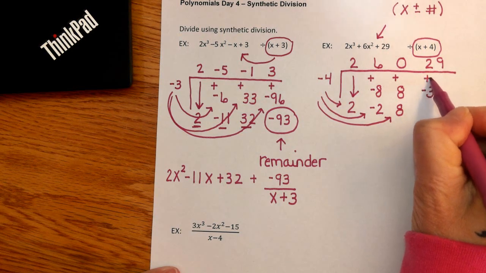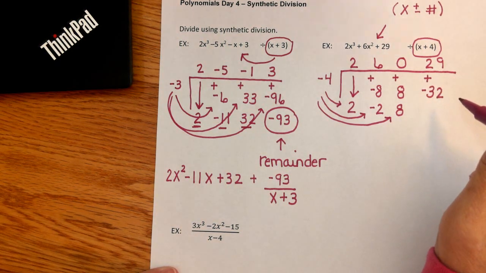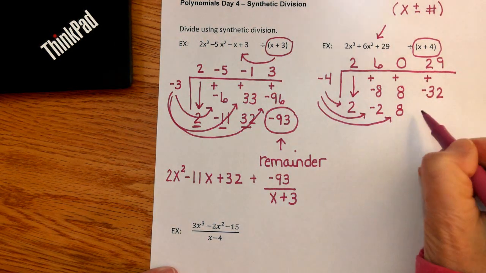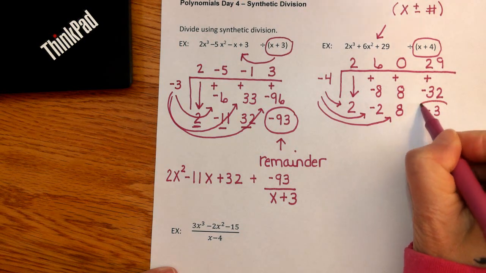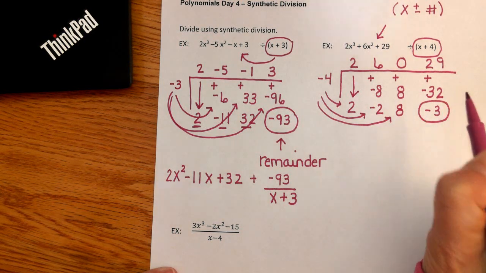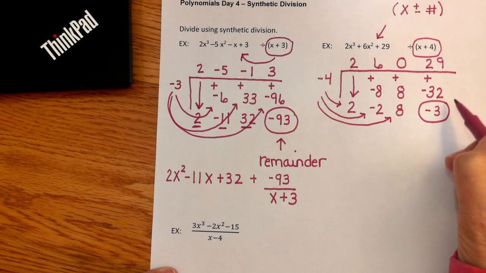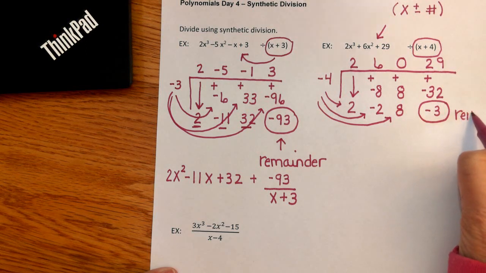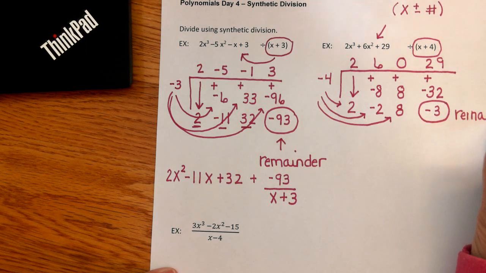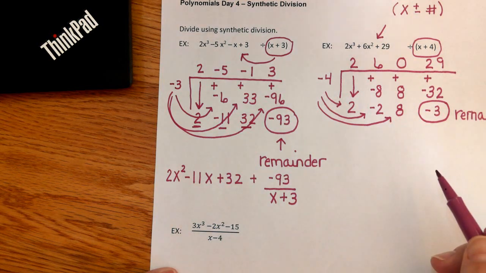And then I'm going to add. So negative 32 plus 29 is negative 3. Recall, the last number is your remainder. Always.